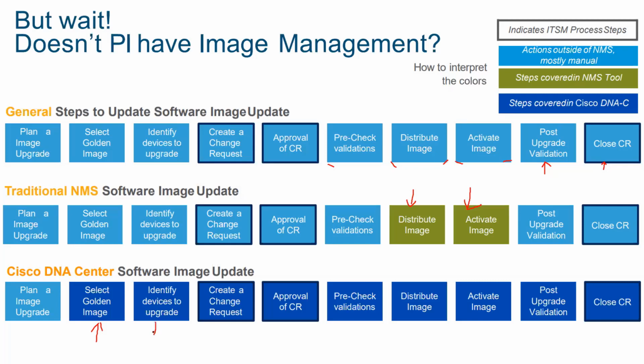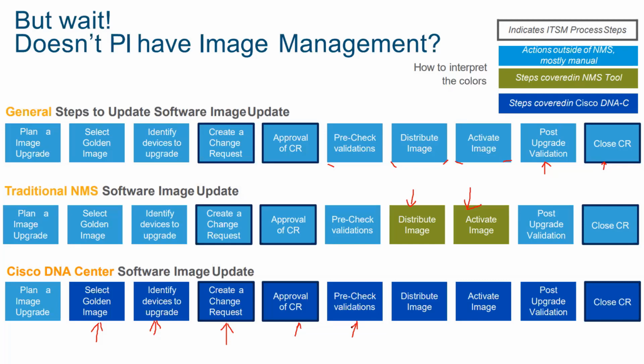You're not going to look for which devices have this golden image. DNA has the inventory. It pulled all configuration, all information of these devices, so it knows which device requires that upgrade. It will create the change request if you have integration with ServiceNow. And once it's approved, Cisco DNA will run the pre-check validation for you.